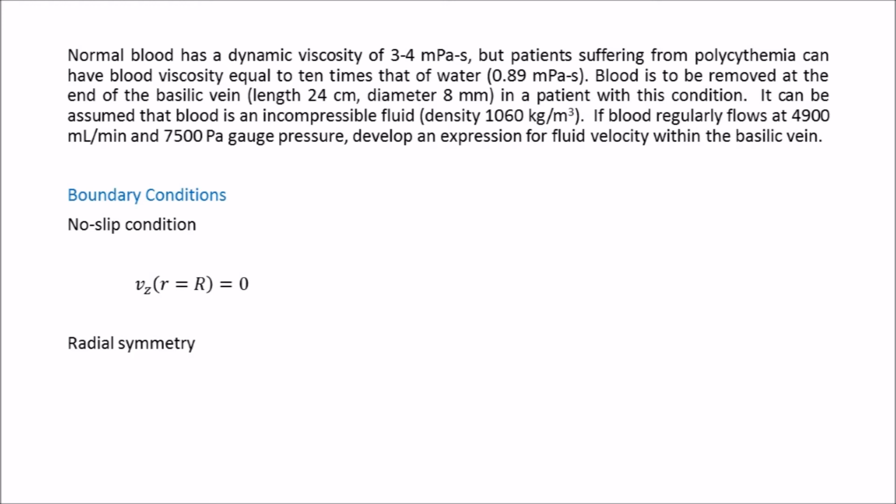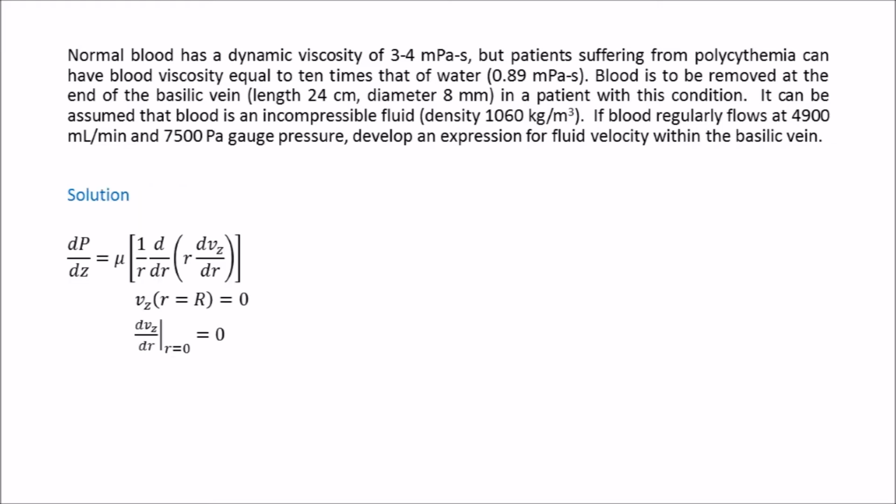The second condition we get from radial symmetry, which results because v theta is 0. And this tells us that the r derivative of vz, evaluated at the center line where r equals 0, is equal to 0.